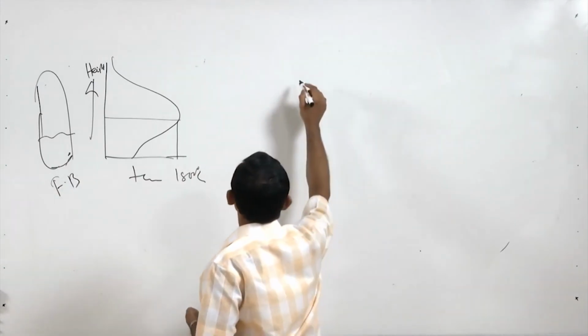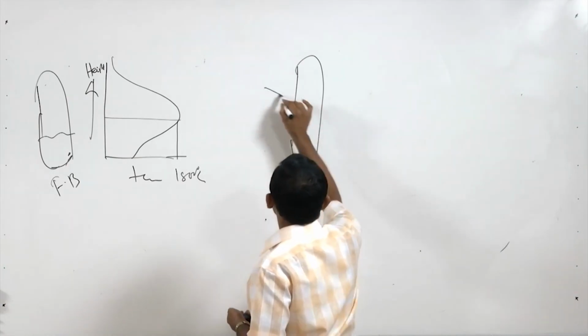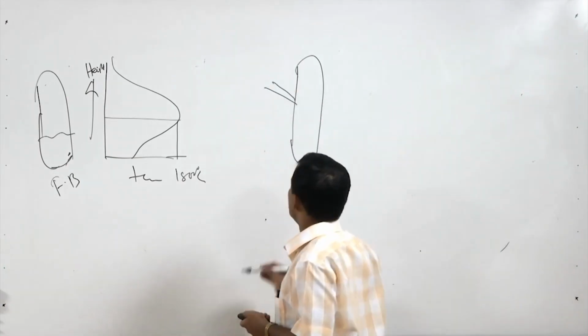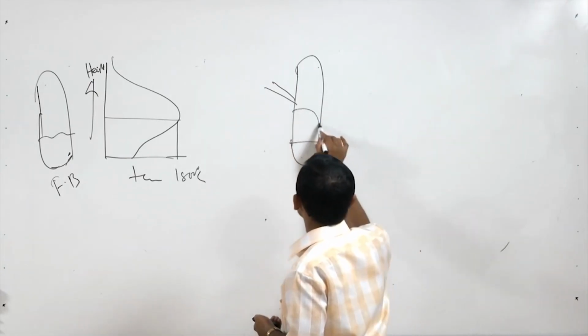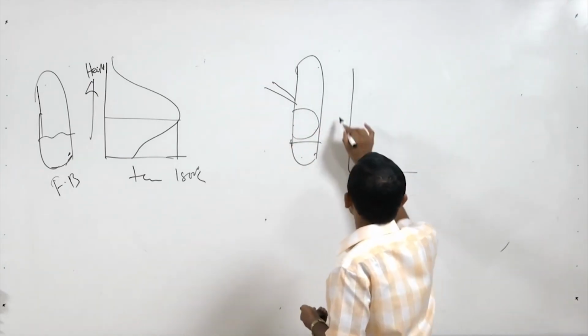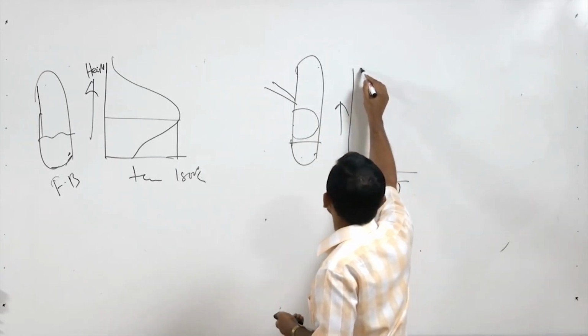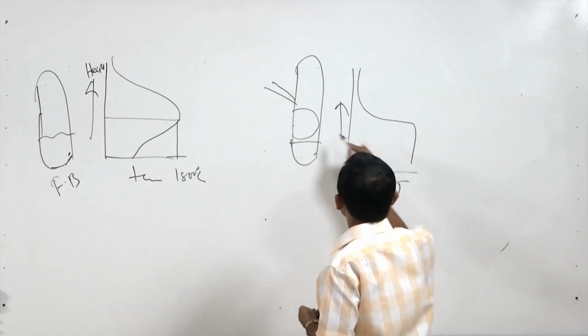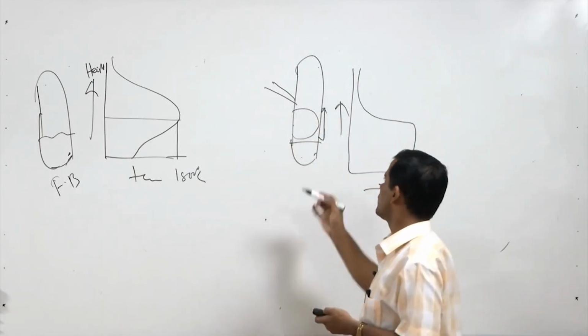If it is a fluidized bed, the material is fed from the side. So, here the temperature is less, and the maximum temperature is inside. With height the temperature distribution will go uniformly, the same temperature will be available throughout.